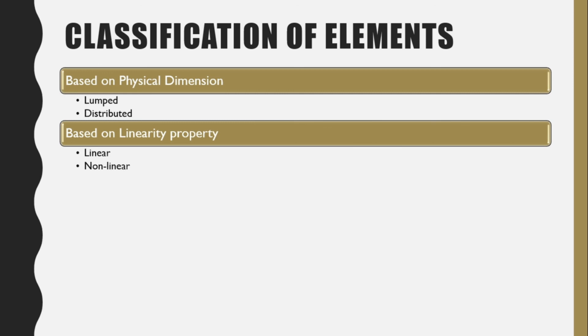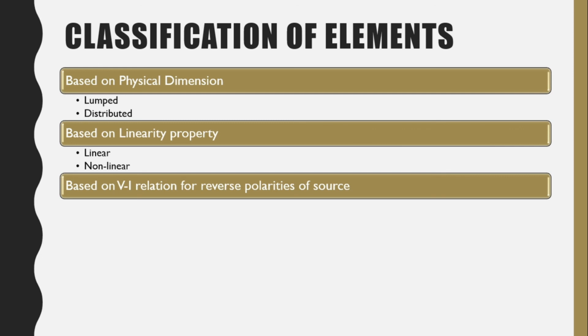Elements can also be categorized based on the relation they maintain between V and I, even for the reverse polarities of the source. So based on this polarity reversal, there are two things which elements depend on, that is unilateral and bilateral. Next is based on the source connected.